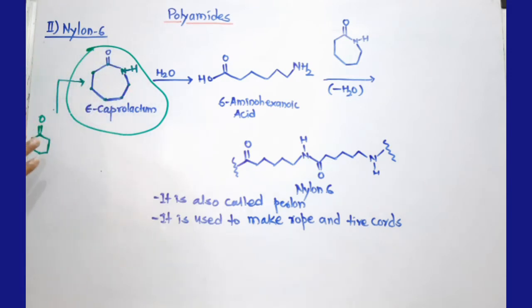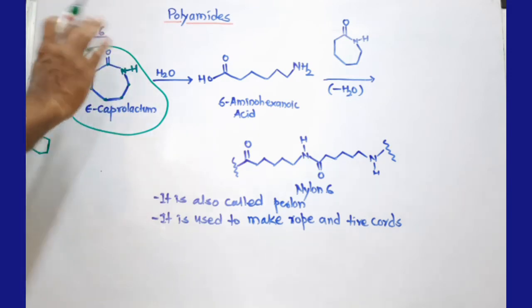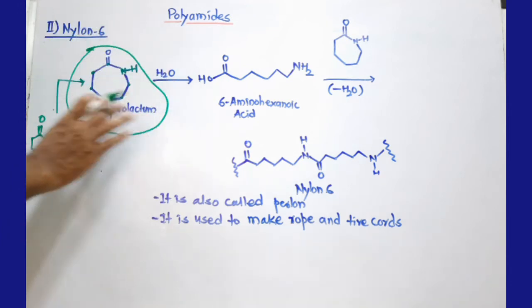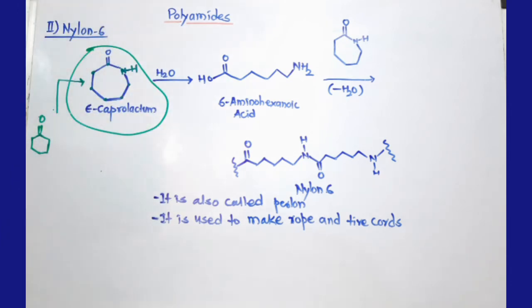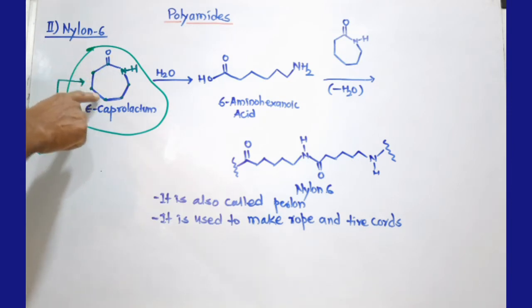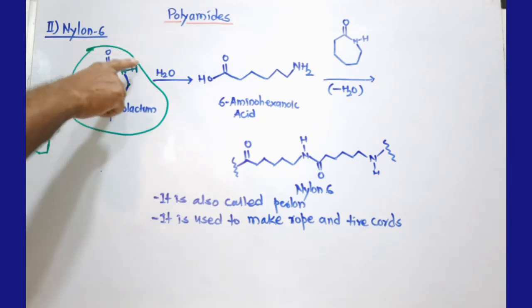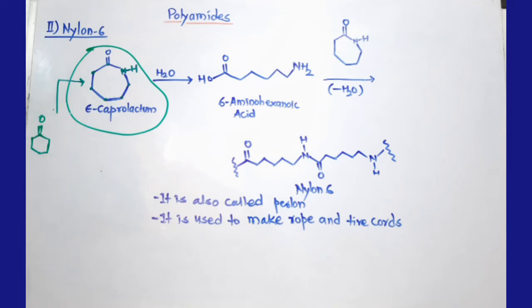You need not remember this, but I am just telling you the background of how to prepare caprolactam. Remember only 6 carbons and 1 nitrogen. So caprolactam is a cyclic amide.